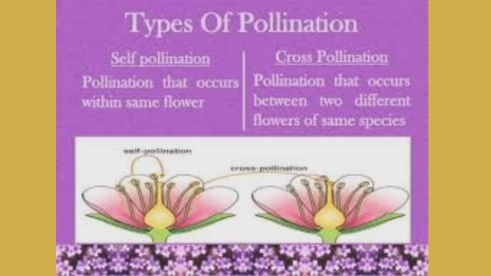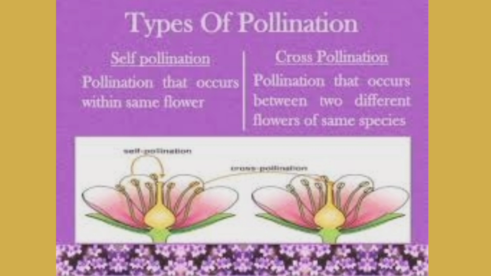From it, you will get clear what self-pollination is. Transfer of pollen from anther to stigma of the same flower or to a different flower of the same plant is known as self-pollination. Example, pansy. Now cross-pollination: transfer of pollen from the anther of a flower of one plant to the stigma of a flower of another plant of the same species is known as cross-pollination.